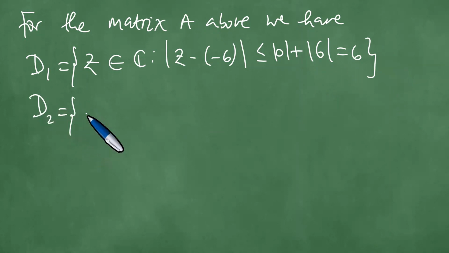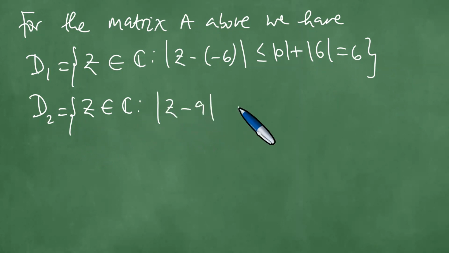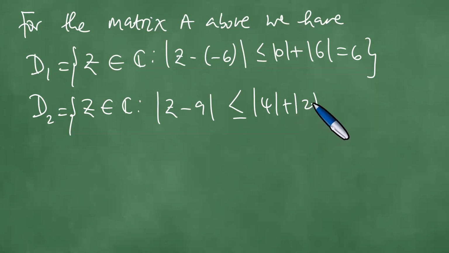Disk 2: |z minus 9|, which is 4 plus 2. We're going to look at where these numbers are coming from.